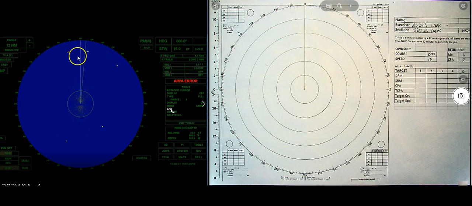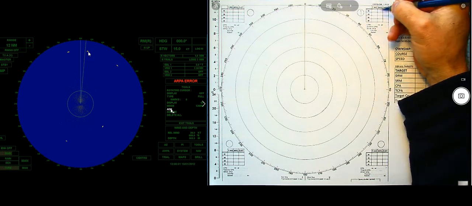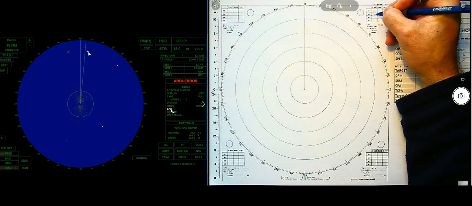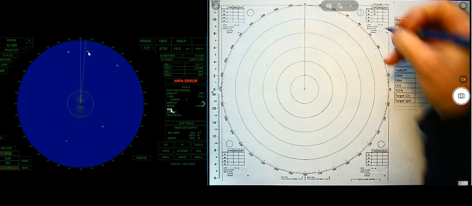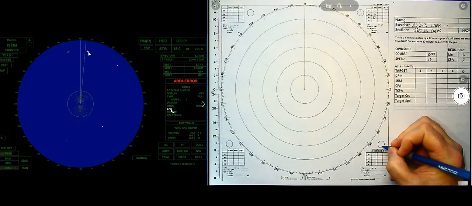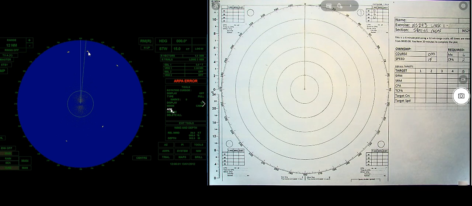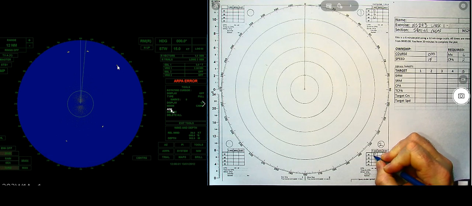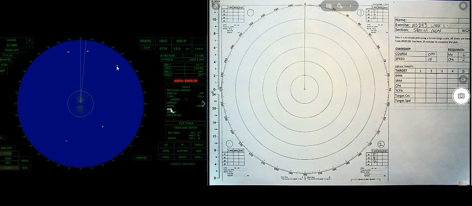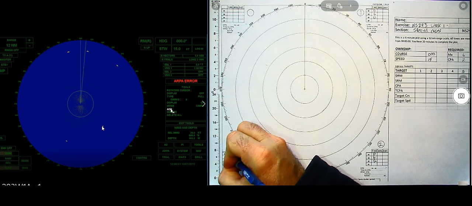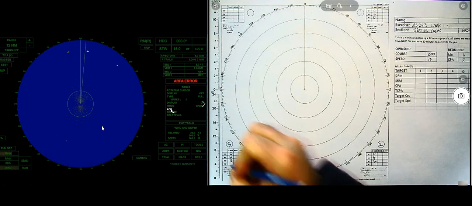I'm going to mark my targets from my heading flash going clockwise. The first one I come to by bearing is going to be target 1, and I'm going to collect data for that at 06. In reality I'd also collect it for 12, but today I'm only going to do 0 and 6. Then this is going to be target 2. This will be target 3, over here, with 0, 6, and 12.